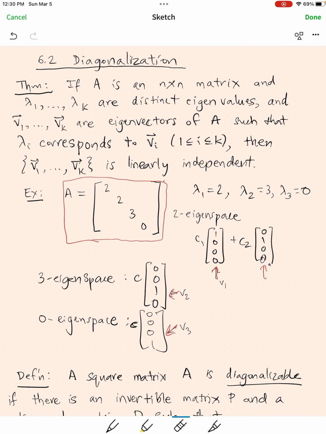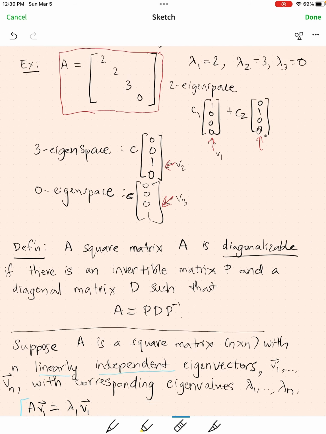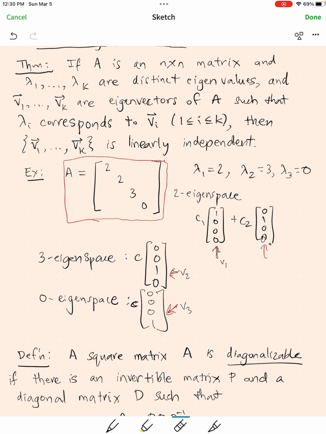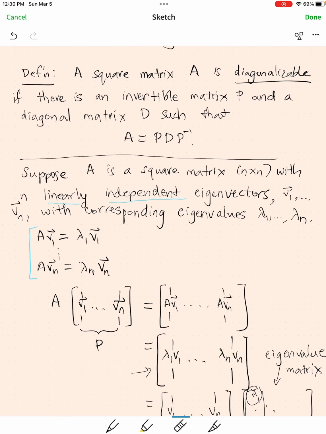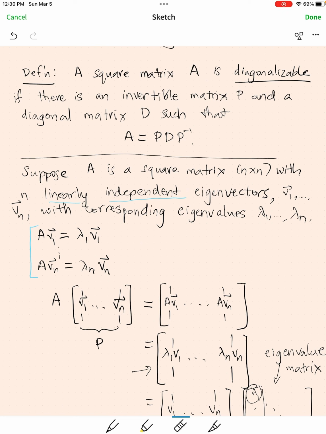So first I gave some general fact that if you have eigenvectors for distinct eigenvalues, then those eigenvectors are linearly independent. And that's used in discussing diagonalizability. One way to define diagonalizable matrices is that those are the square matrices that have the form P times D times P inverse, where D is a diagonal matrix.